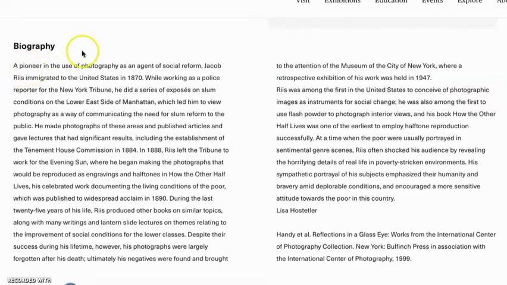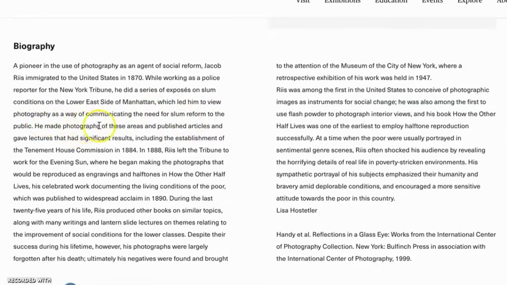A pioneer in the use of photography as an agent of social reform, Jacob Riis immigrated to the United States in 1870. While working as a police reporter for the New York Tribune, he did a series of exposés on slum conditions on the Lower East Side of Manhattan, which led him to view photography as a way of communicating the need for slum reform to the public.